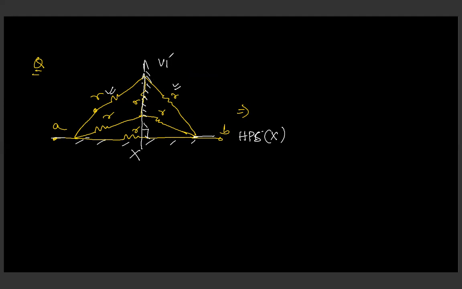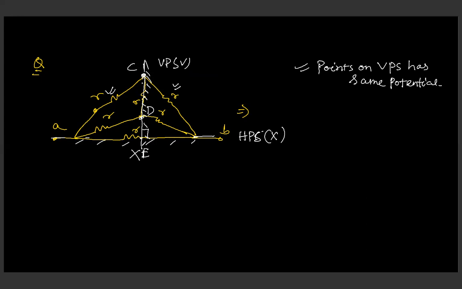So VPS is present. What are the rules of VPS? Points on VPS have the same potential. If we apply it over here, this point is C, this point is D, and this point is E. So they all will have equal potential.